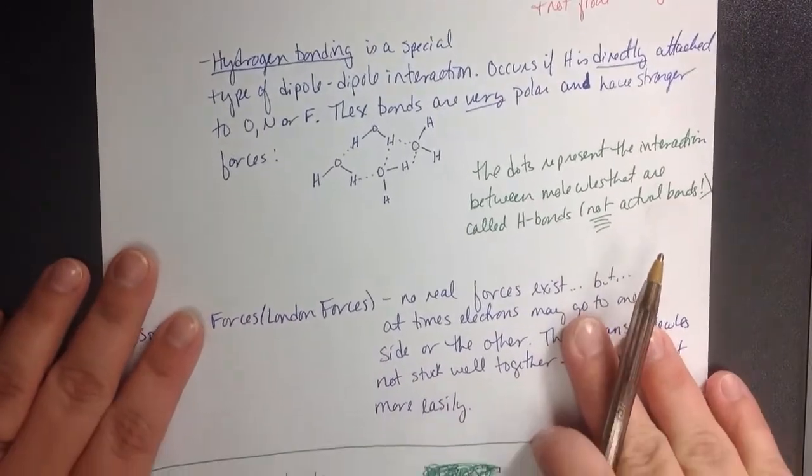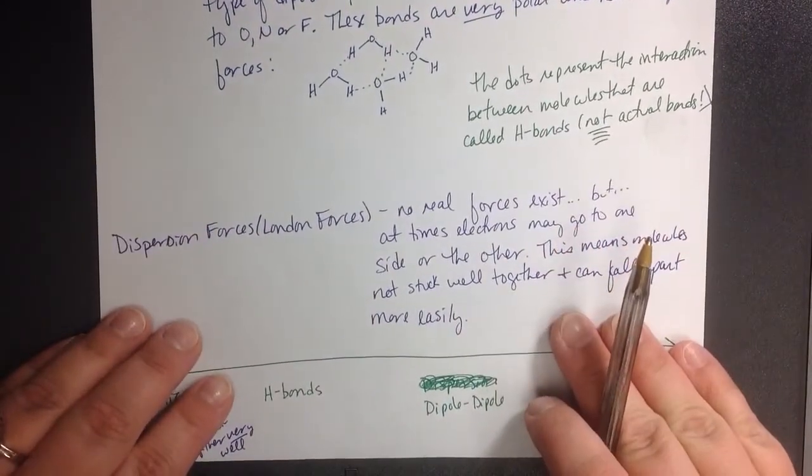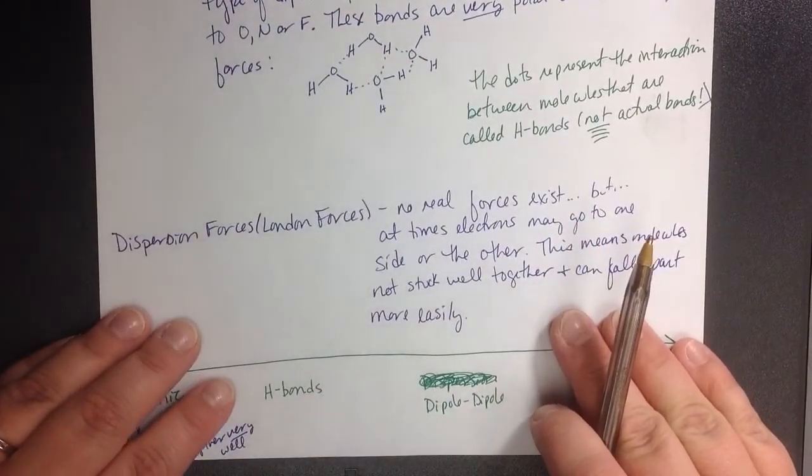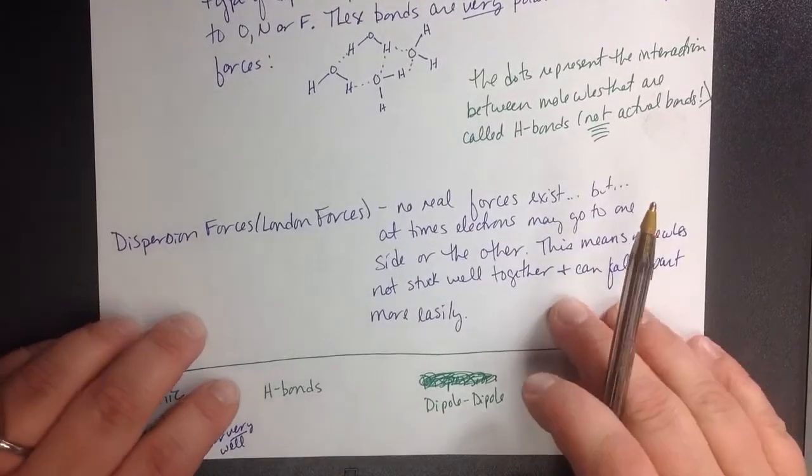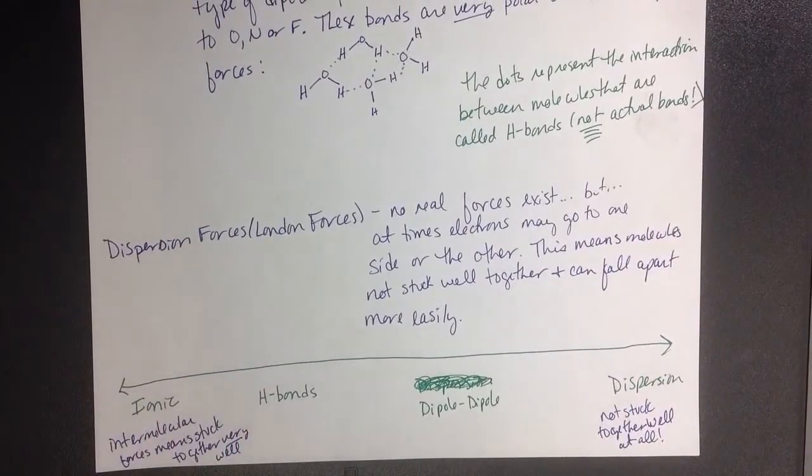On the other extreme are these things called dispersion forces. Now, we try to talk about how the electrons can go to one side of the molecule and cause a temporary partial negative or partial positive charge, and that's what keeps things together. And that's true, but for your purposes of understanding what that means, I want you to just consider it, hey, there's nothing really there.